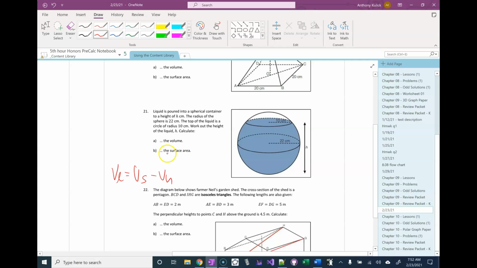And then I would say the surface area is the trickier one. So the surface area of the liquid is going to be the surface area of the sphere minus the surface area for the hemisphere with no base. What does it mean, like, no base? Well, you have, like, this. Are you counting the bottom of this or not?